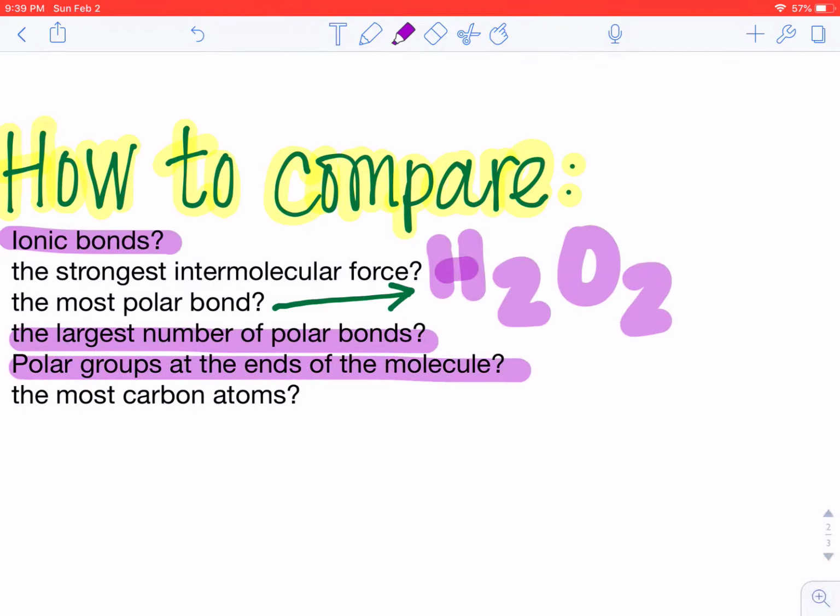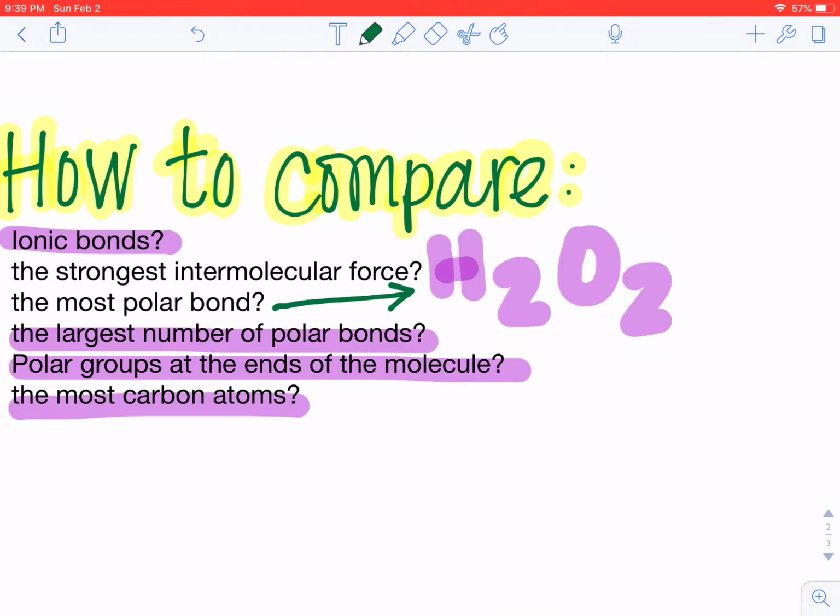So what does this mean? We have H2O2, and I said earlier it was winning. It has the strongest intermolecular force and the most polar bond. So hydrogen peroxide is predictably the molecule that has the higher boiling point, because it has stronger forces between neighboring hydrogen peroxide molecules than acetaldehyde does.